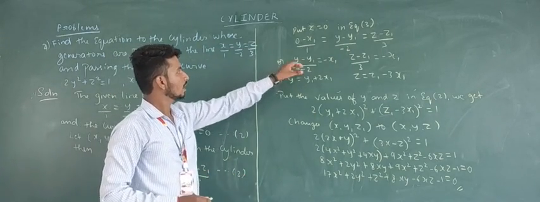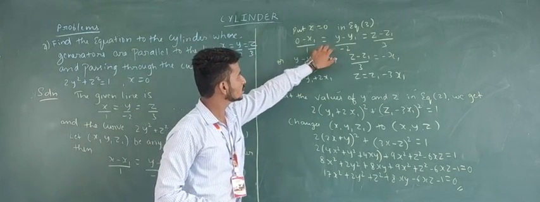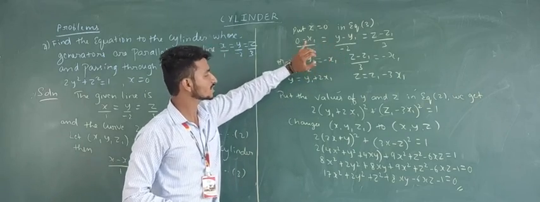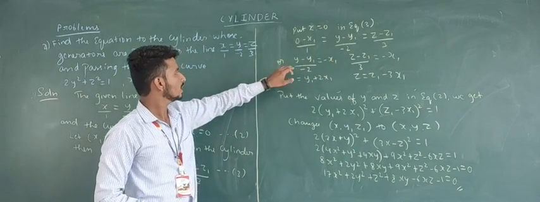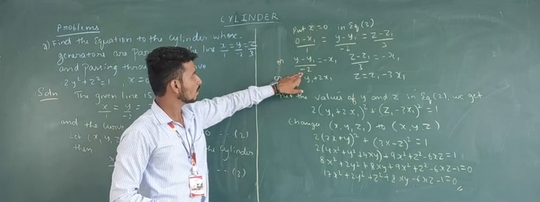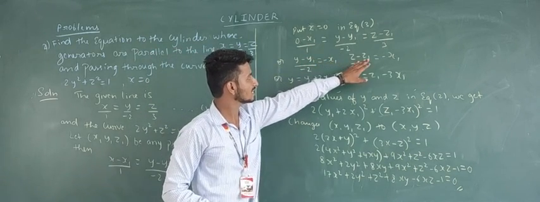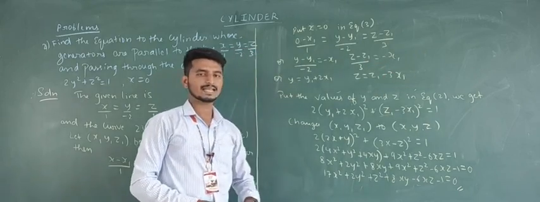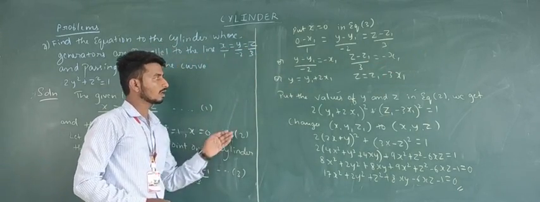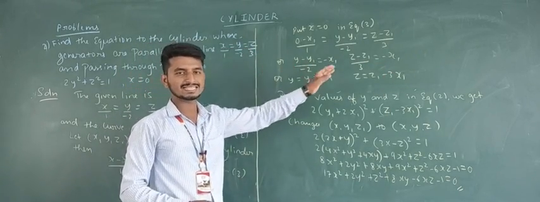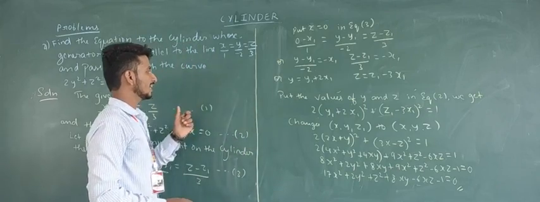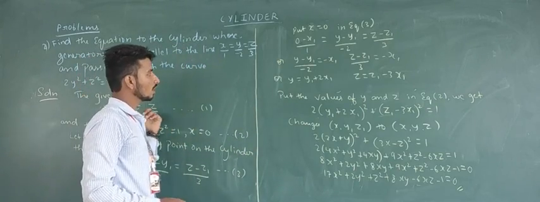Next, we compare the first and second equations, and the first and third equations. Here y minus y1 divided by minus 2 equals minus x1, and z minus z1 divided by 3 equals minus x1. We want the values of y and z to substitute in the given curve equation.